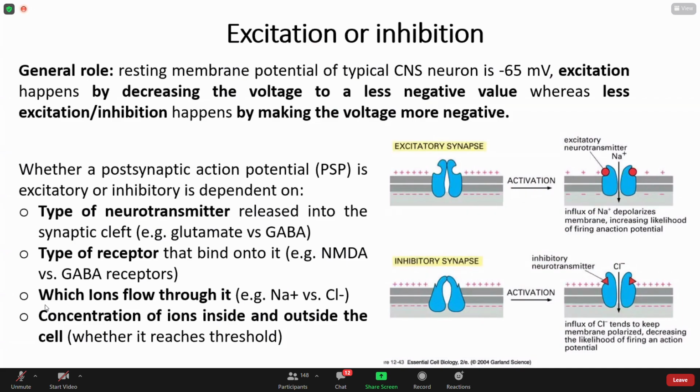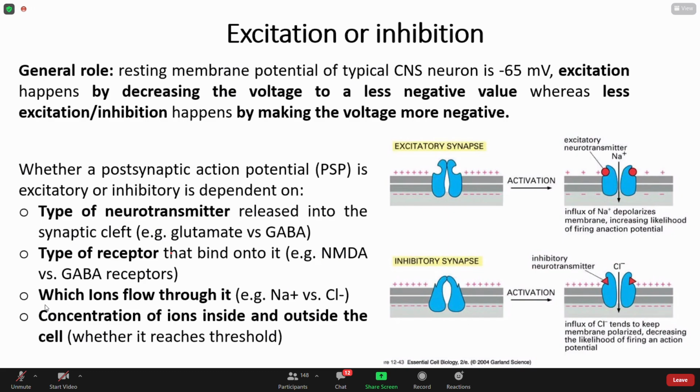And inhibition is when you take the membrane potential away from the threshold into more negative values. Whether the postsynaptic potential is excitatory or inhibitory depends on many things. It depends on the type of neurotransmitter. If it's glutamate, usually it's excitatory.